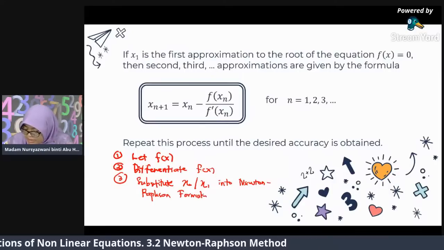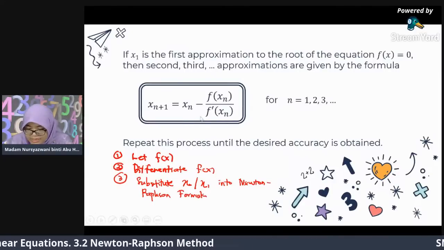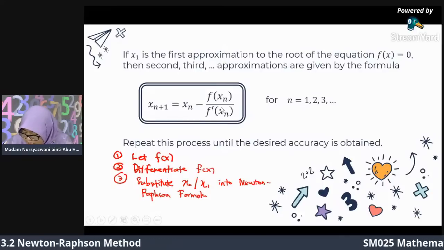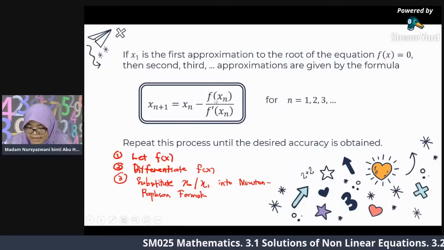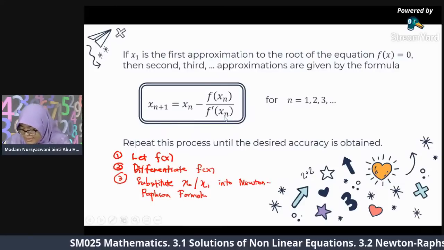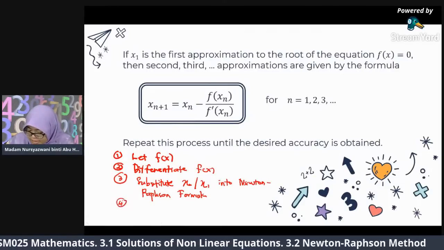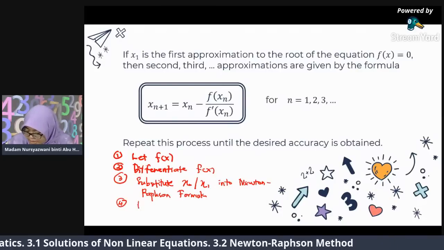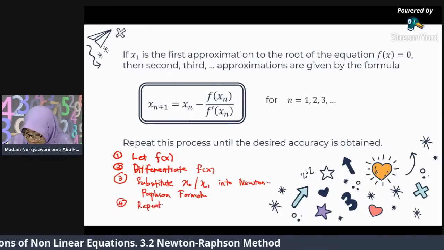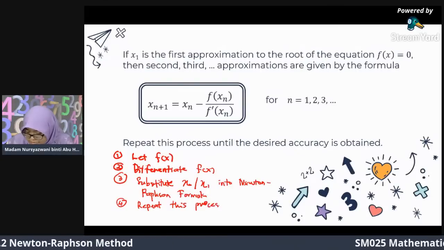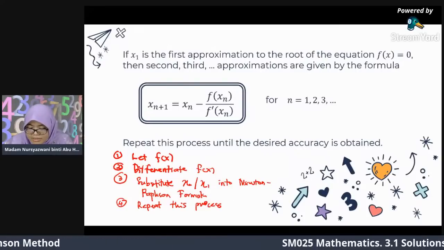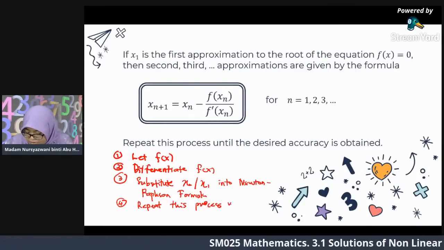Okay, Newton-Raphson formula tu yang mana? Yang ni lah. Yang saya dah highlight dalam box ni. So ini adalah Newton-Raphson formula. Tapi dia akan berubah mengikut awak punya fungsi f(x) dengan f prime(x) lah. Okay, yang keempat, repeat this process until we reach a repeated value.